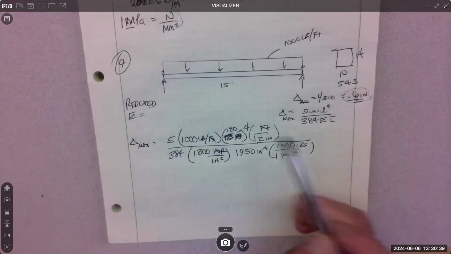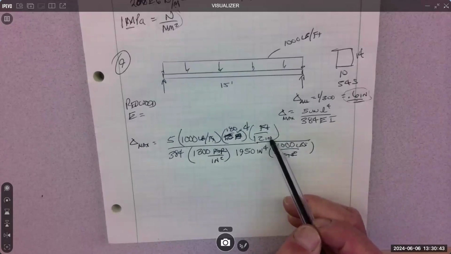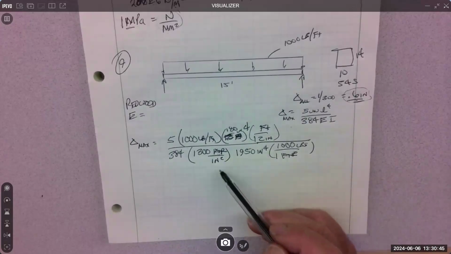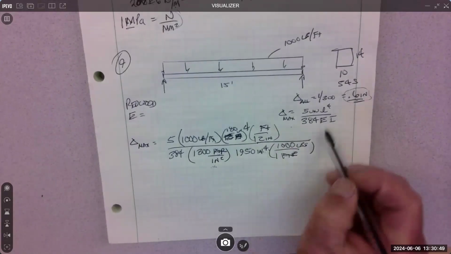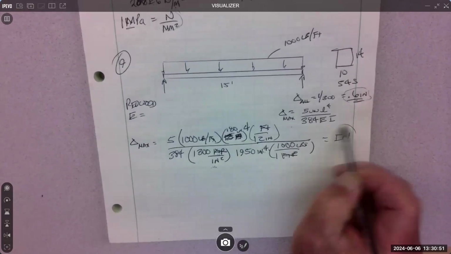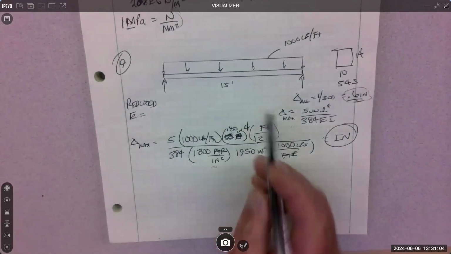I have inches to the 4th, one of those goes away, so I have inches to the 3rd, and inches squared down below. That should leave me with inches. That's the battle that all of these formulas have. Remember that 180 is to the 4th.